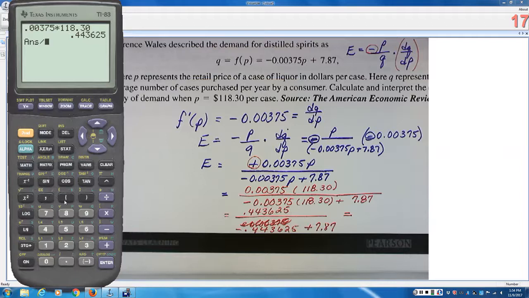So we're going to divide that by negative 0.443625 plus 7.87. And E turns out to be 0.059.